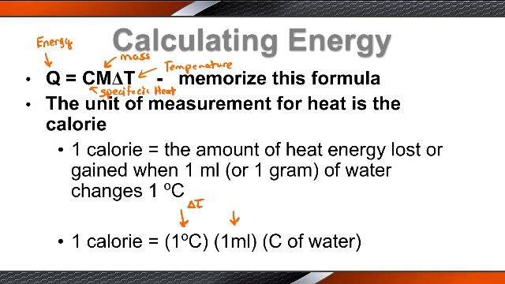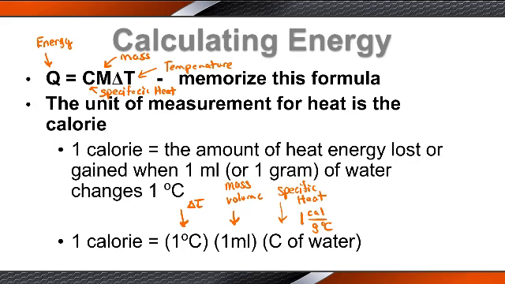This is our volume of water, and 1 milliliter of water is the same thing as 1 gram of water. And then right here, the C of water is our specific heat of water. So specific heat of water, just plain old H2O, is 1 calorie per gram Celsius degree.